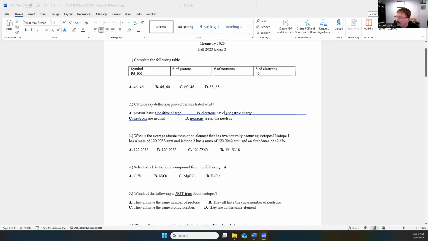So we'll start with exam 2, again, version C, question 1. Let's go into whiteboard. All right, so we have a table, symbol Pd-106. We go to our periodic table.